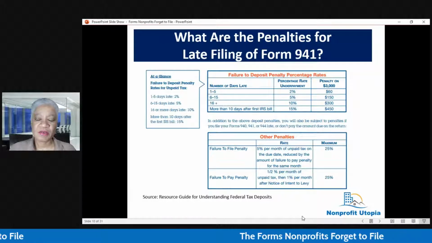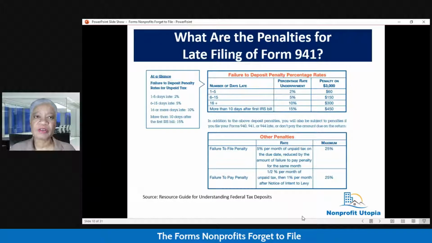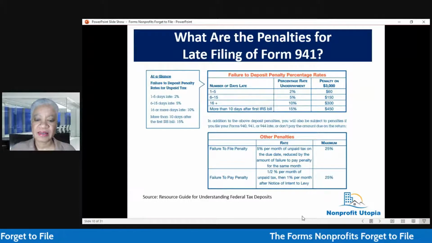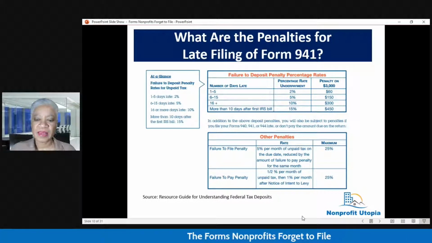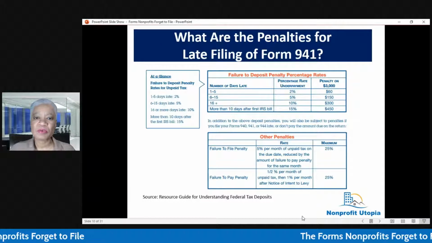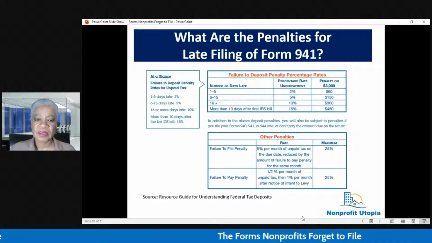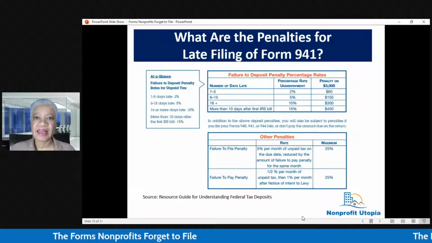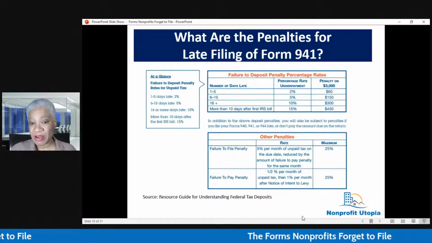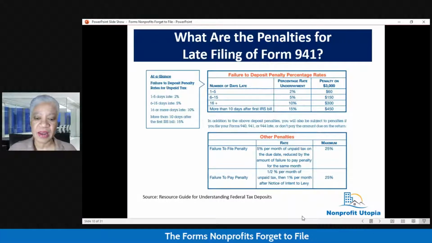All right, so other penalties: the failure to file penalty is 5% per month of unpaid tax on the due date, and is reduced by the amount of the failure to pay penalty for the same month, for a maximum of 25%. And then there's a penalty for failure to pay, and that's 0.5% per month on top of all of these other penalties, right?